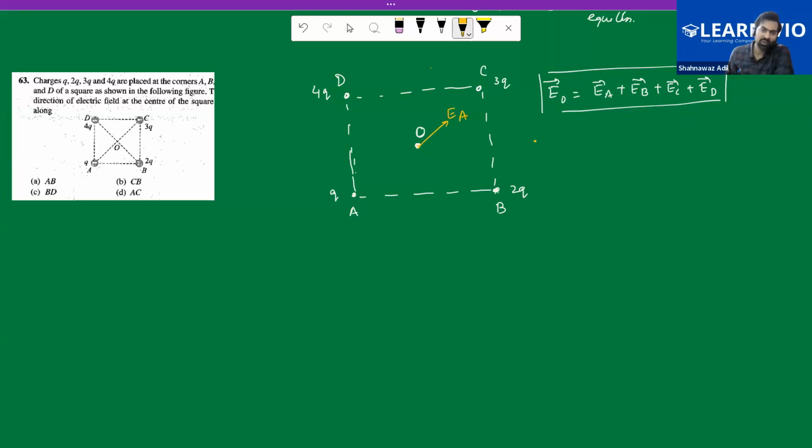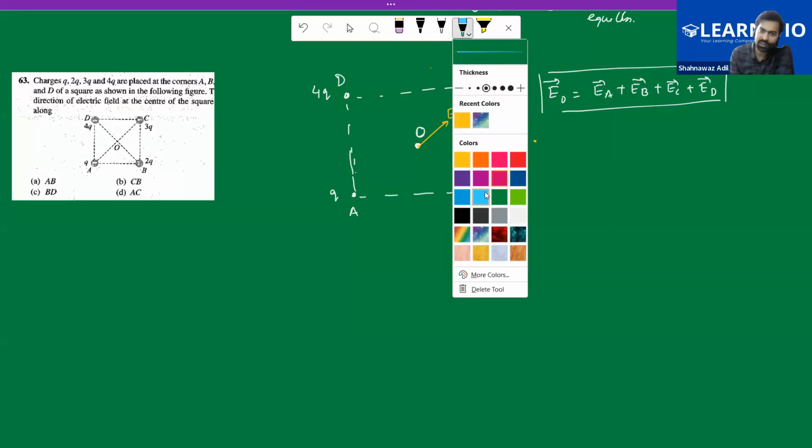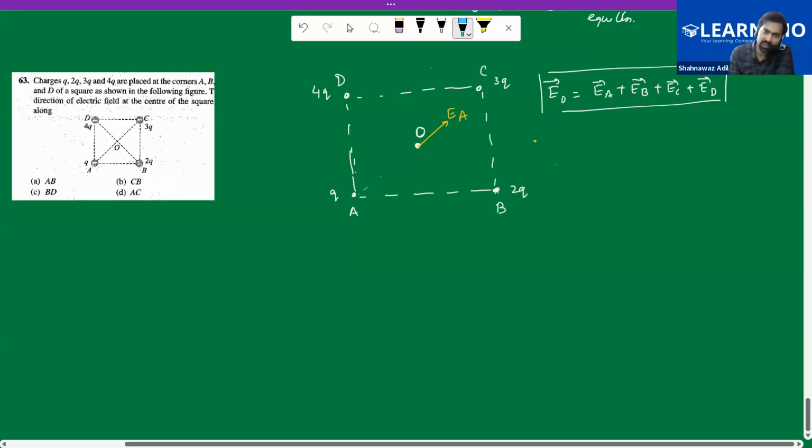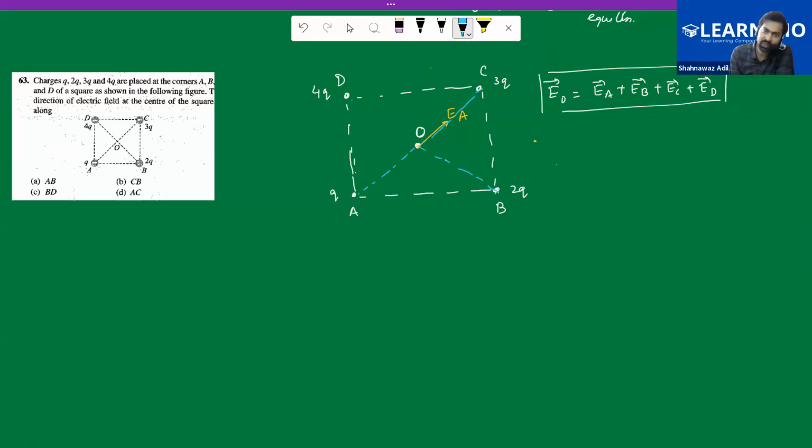Now I want to find out the electric field due to this 3Q, right? And we know that all these distances are the same. Let's say this is L, this is L, this is L, this is L, right? All these distances are the same, and we know that electric field is KQ by R square.